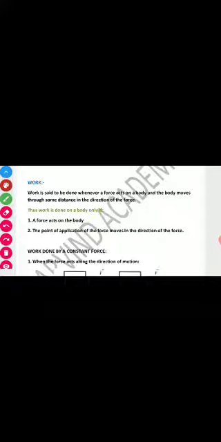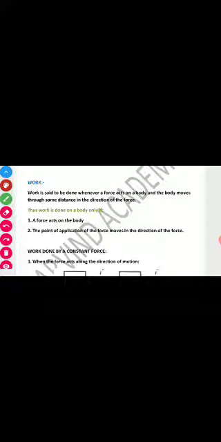So if we apply force and the body moves, that is, if we applied force and displacement occurred, then we can say that work has been done. Work is said to be done whenever a force acts on a body and the body moves through some distance in the direction of the force.